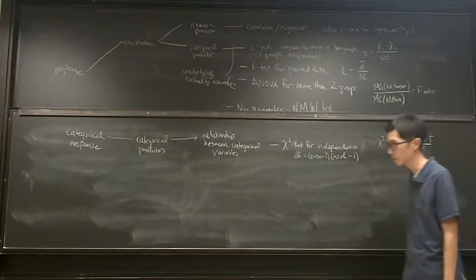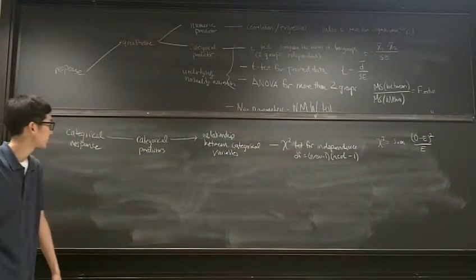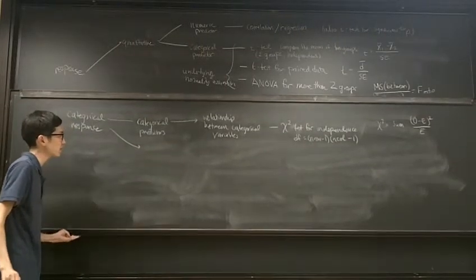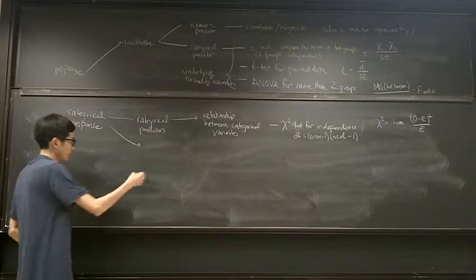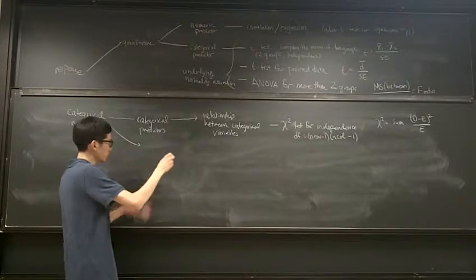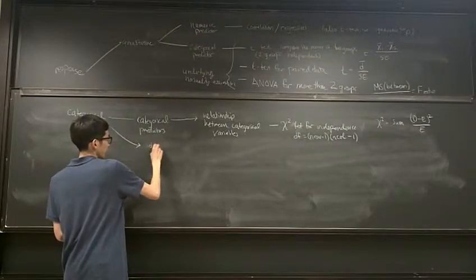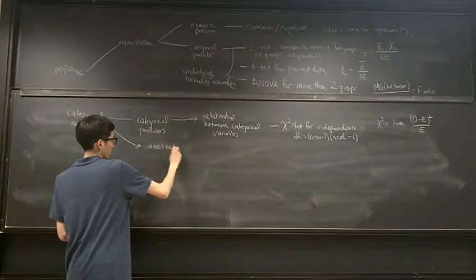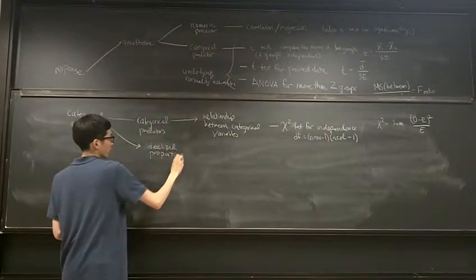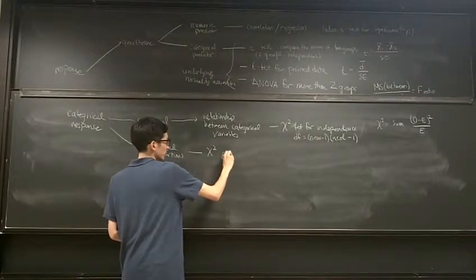We just add this up for all of them. And with the categorical response, if we had preset, idealized proportions, we would do the chi-squared goodness of fit test.